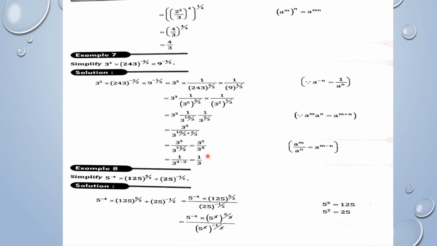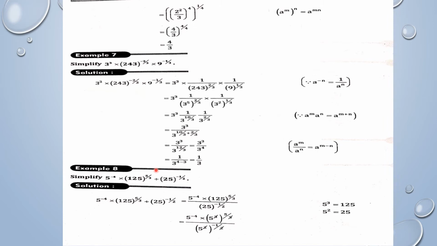So anything to the power of minus 1 should be written as 1 divided by 3. So here 3 cube divided by 3 to the power 4. So next step will be 3 to the power 3 minus 4 according to this rule. Then you will get 1 divided by 3, because you will get 3 to the power minus 1. Or else directly you can do it, because 3 minus 4 is minus 1.